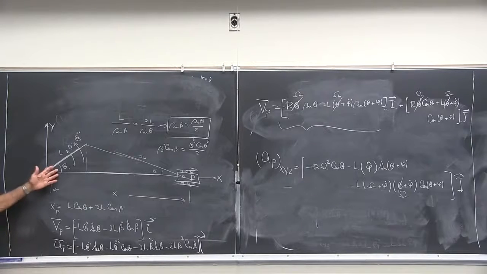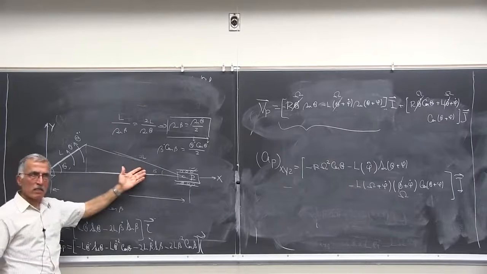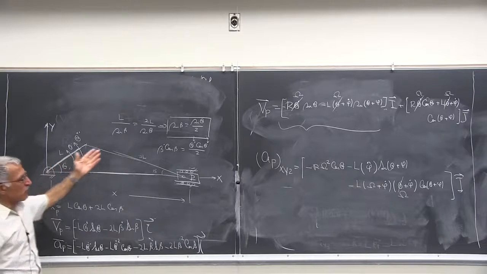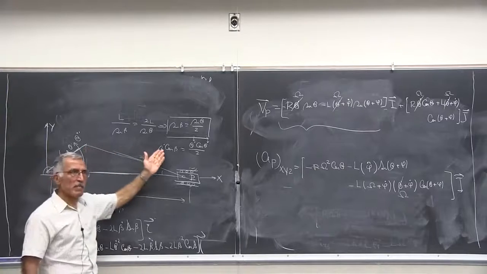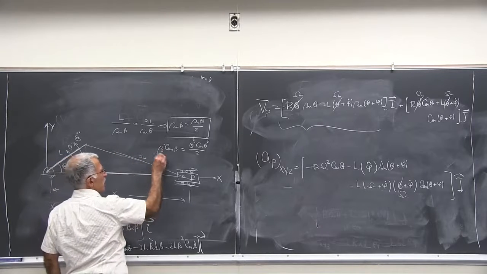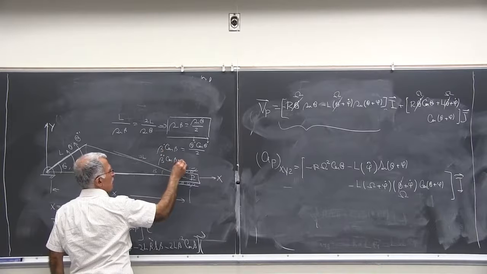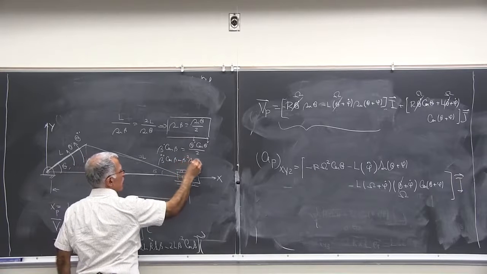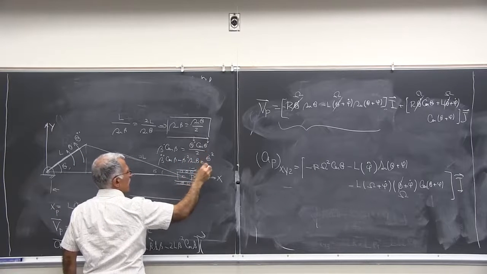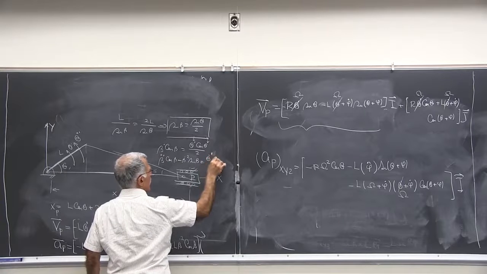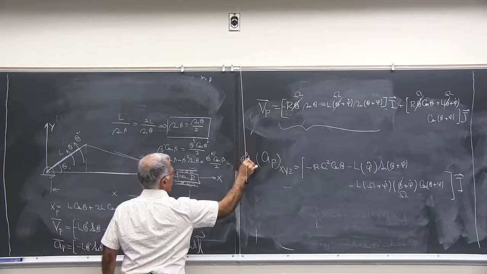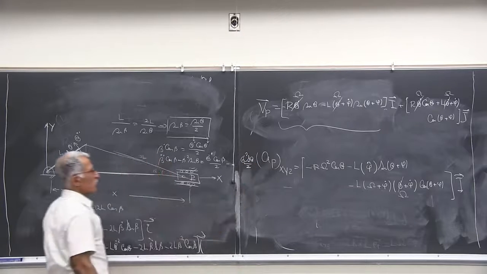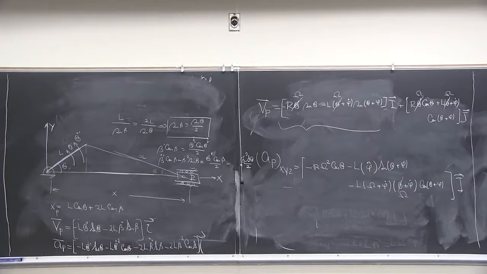Again, for any angle theta, you should be able to say what angle beta is. If I give you theta dot, you should be able to say what beta dot is. If I give you theta double dot, you should be able to say what beta double dot is. So this is beta double dot cosine beta minus beta dot square sine beta is equal to theta double dot cosine theta divided by 2 minus theta dot square sine theta divided by 2. So you should be able to find everything.